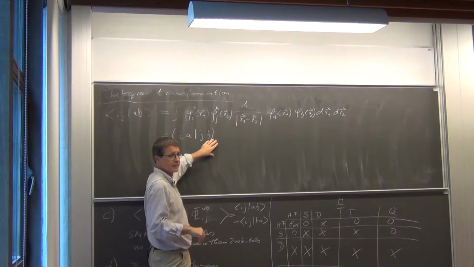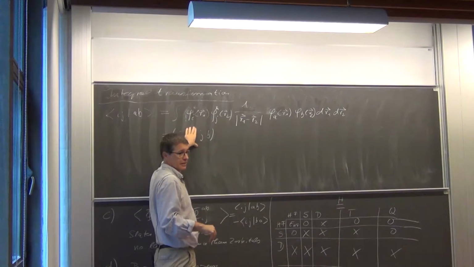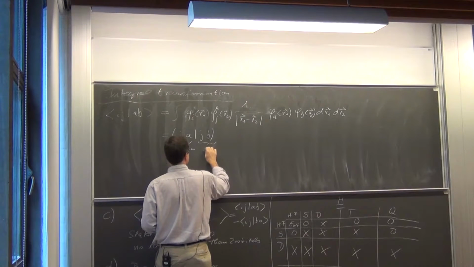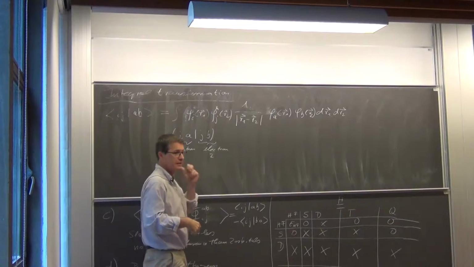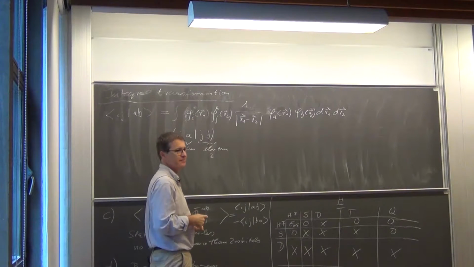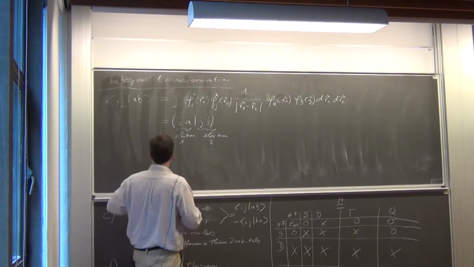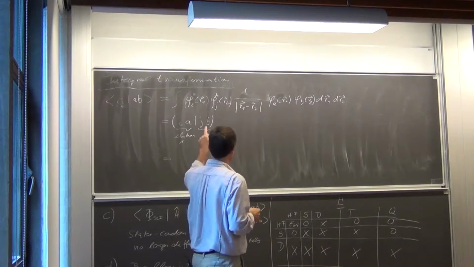In the literature, at least theoreticians are reasonably consistent with this notation. So this is electron 1, and that would be electron 2, and the first one always is the one which is complex conjugate.